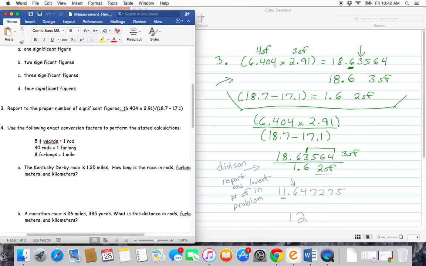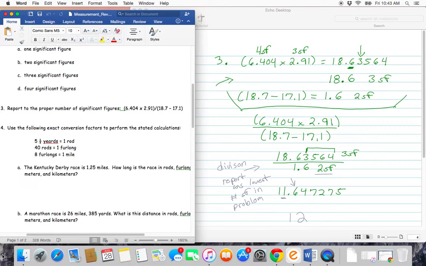You must use all of these values in your computation, which means that in the calculator it should be 18.63564 divided by 1.6, which will give you a value of 11.647275. That is not the number that you should report. You should report the number based on the final operation that you must do.